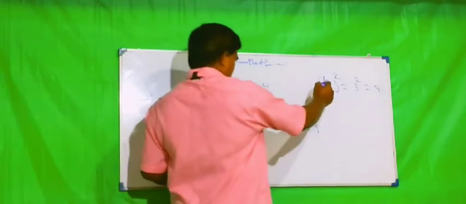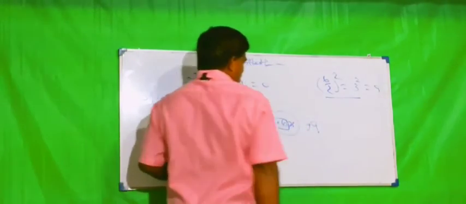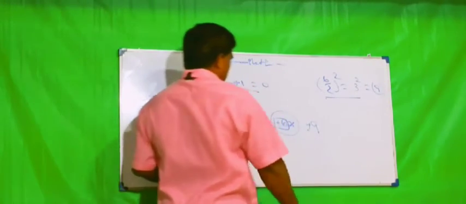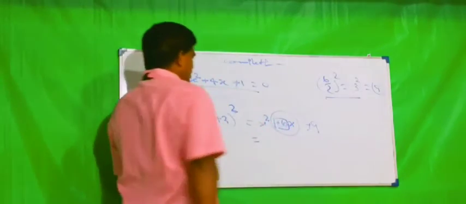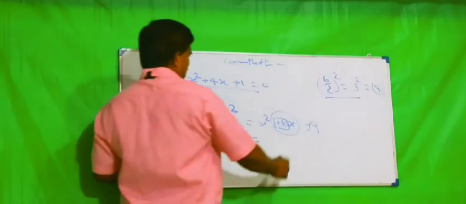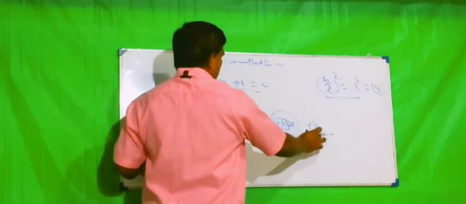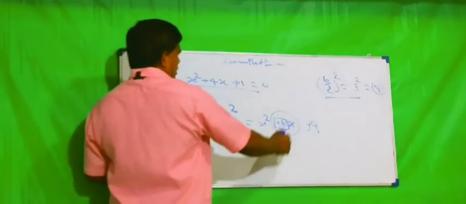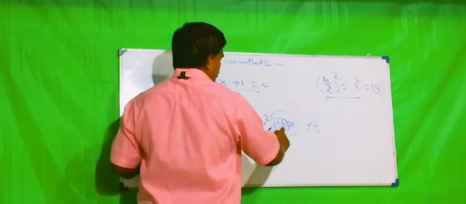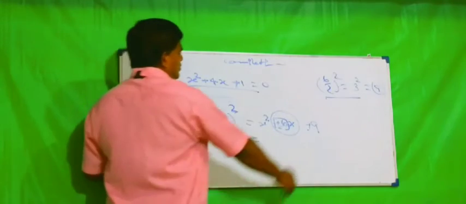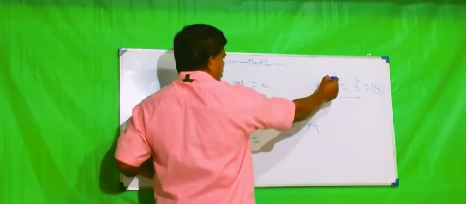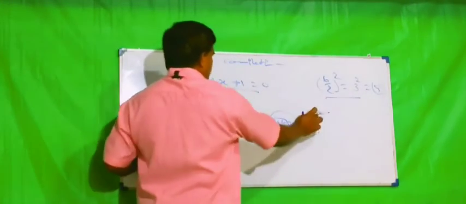In this case 9 is obtained, which is the last term, the third term. Actually, there is this combination: the square of half of the coefficient of the midterm is the last term, 9.